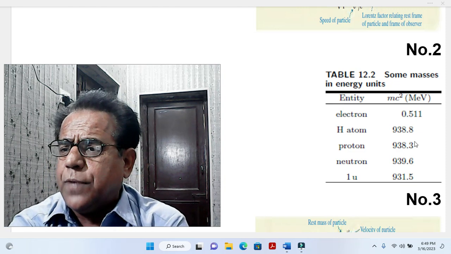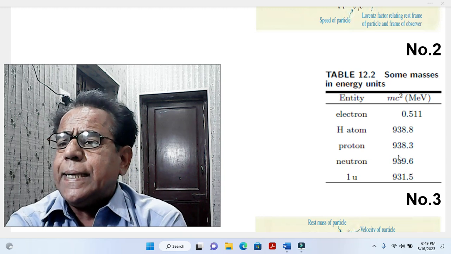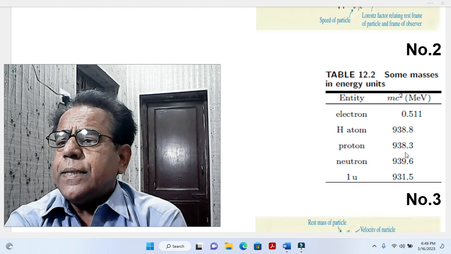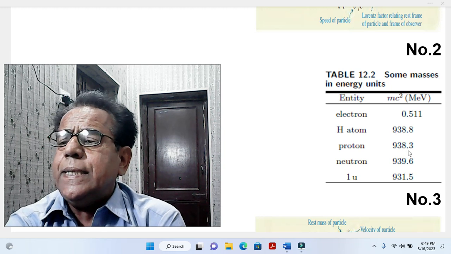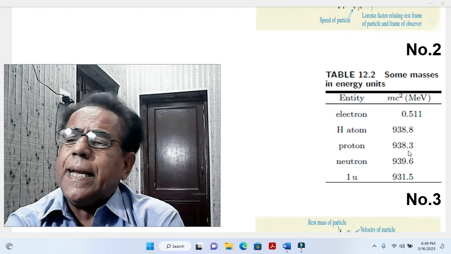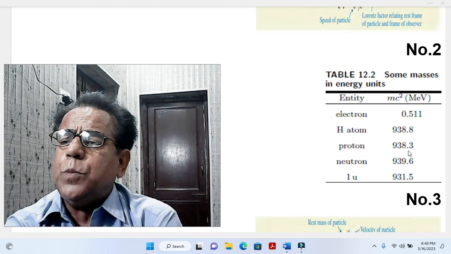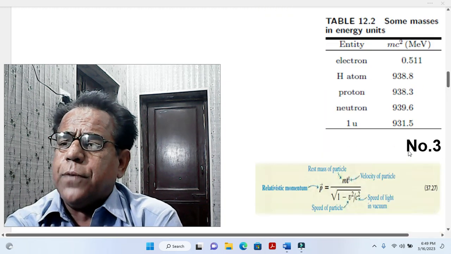If we want to convert it in electron volt, then it will become 938,300,000, that is we will multiply it with 10 raised to the power 6 in order to convert it in electron volt.